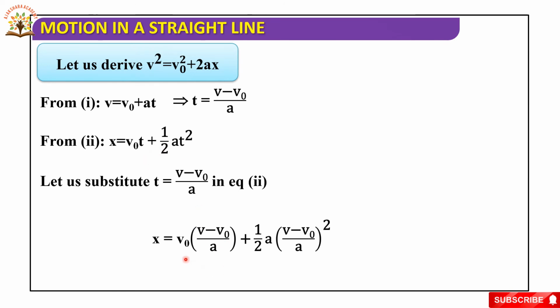So the equation becomes x is equal to v naught into v minus v naught by a plus half a into v minus v naught by a whole square.